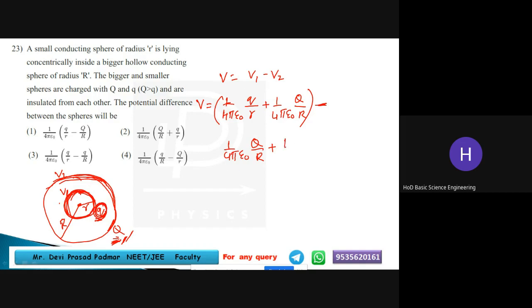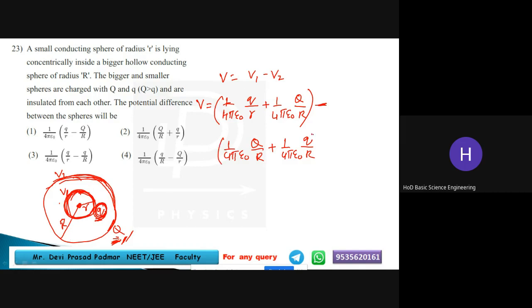That value will be 1 by 4 pi epsilon naught, q divided by capital R. Why is it capital R? Because you have to assume the whole charge is concentrated at the center only. That acts like a point charge.